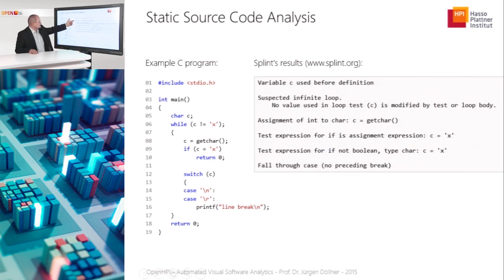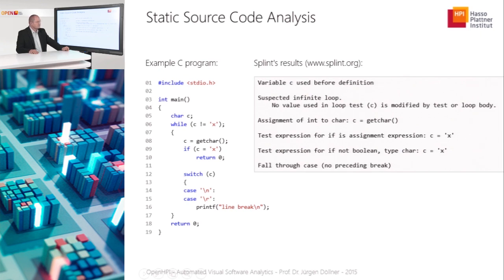It tells us variable c is used before definition, there's a suspected infinite loop, or there's an assignment of integer to a character variable. There's also a test expression that contains an assignment, which is unusual. And finally, the fall-through case is not implemented.